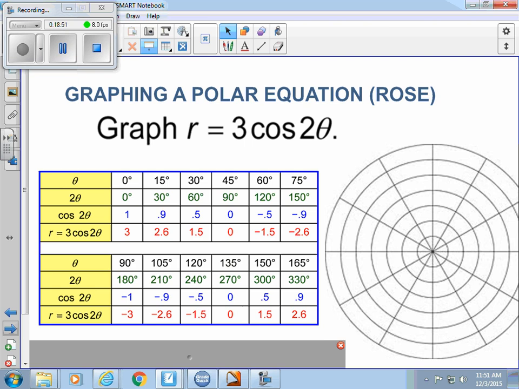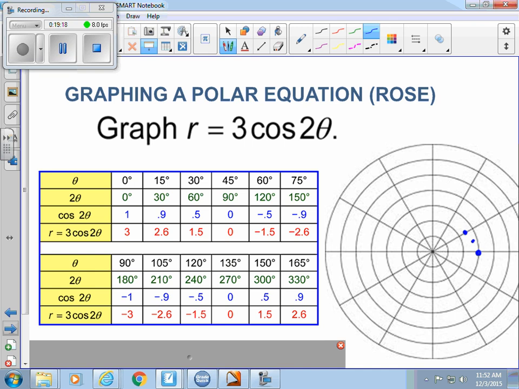So anyway, point plot, 0, 3, 15, 2.6, and again, you probably don't have that one, that's okay. 30, I expect that you do have that one, just 1.5. 45, 0.